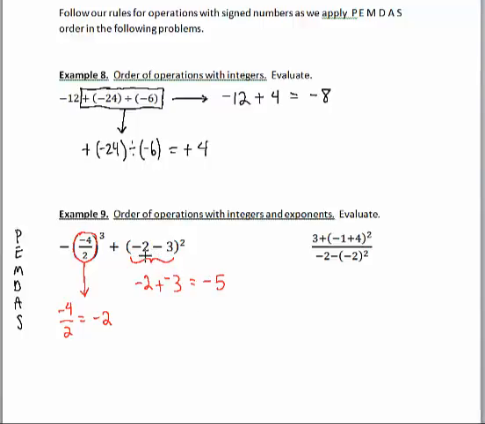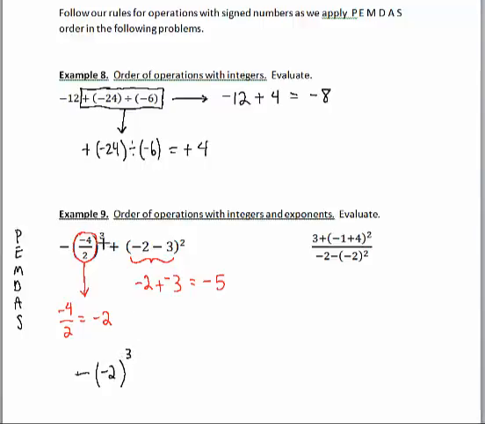Now, inside that set of parentheses, I want to carry down everything that I didn't use. I have a negative, this one here. Then I still have my parentheses. I just carried out the calculation inside, the quotient, and so I put a negative 2 in there now.